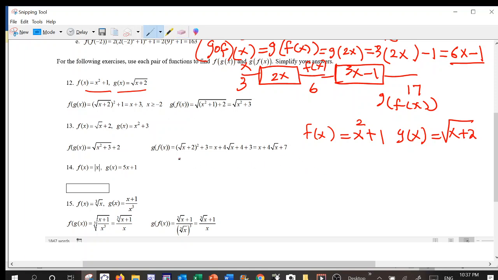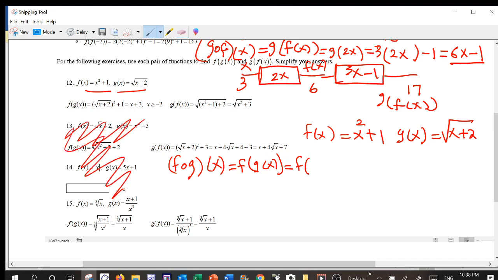So f compose g of x is going to be f of g of x. And so that means f of, what's g of x? Well, g of x, let's not confuse these. We're not doing these, right? The one up there is what we're talking about.